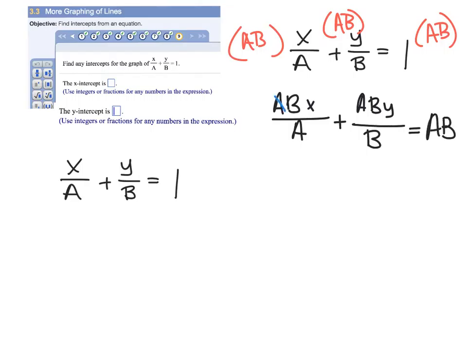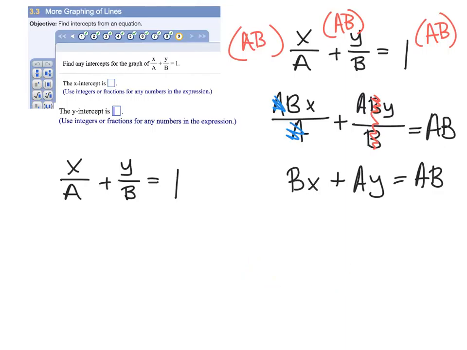And then we see that these a's cancel out, leaving us with just bx plus, and then we see that the b's cancel out, leaving us with ay is equal to ab. So now we are officially using this new equation right here. We are now officially ready to figure out our XY table.